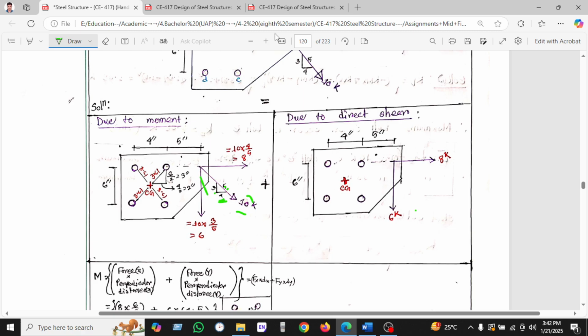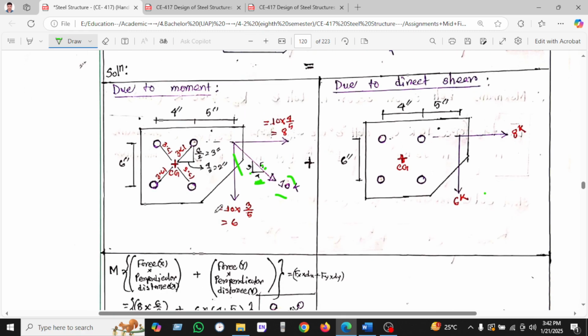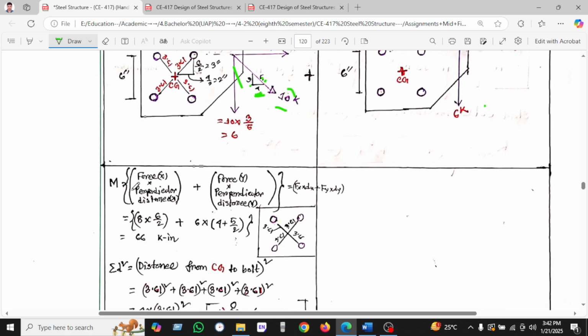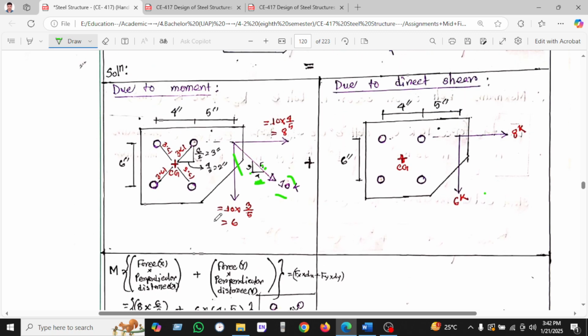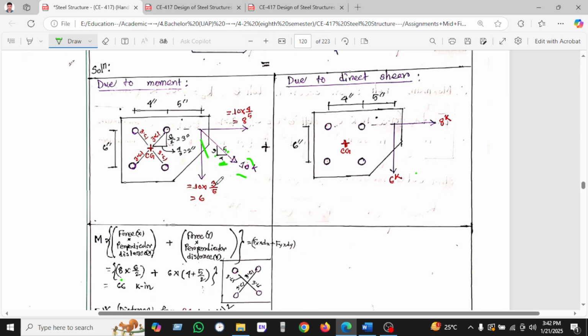So we are calculating the CG for convenience in the calculation of our method. So if you take the moment, you can know that the moment formula I have used is force into perpendicular distance plus force into perpendicular distance. So at first we have been taking the moment 8 into 6 into 2 plus 6, where 8 is the load we have found.